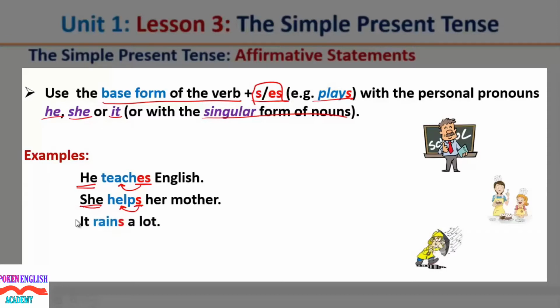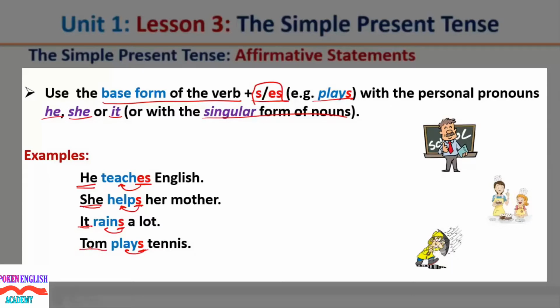It rains a lot. We add s to the verb because the subject is it. Tom plays tennis. Also here we add s to the verb because the subject is a singular noun, Tom.